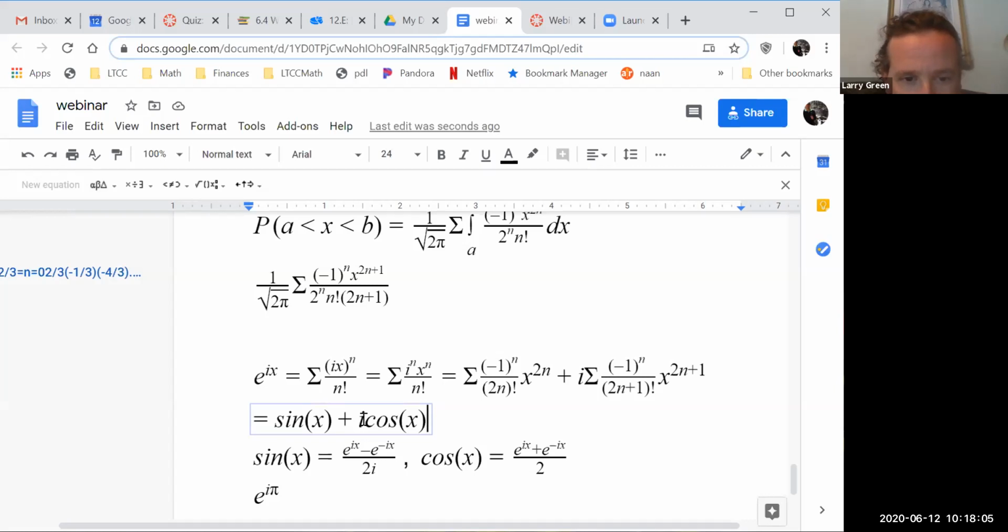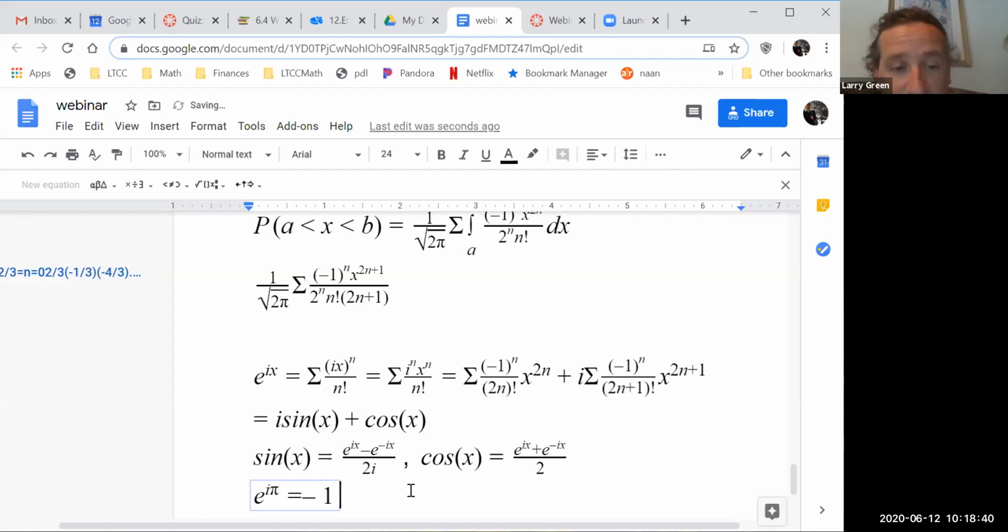This is important. It's this one. So what do you get if we plug in pi for this equation? Almost. Sine of pi is 0, cosine of pi is -1. So e to the i pi equals -1.